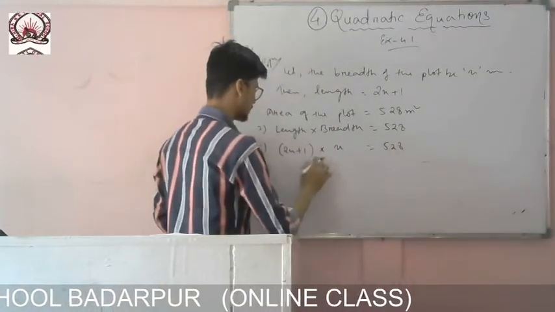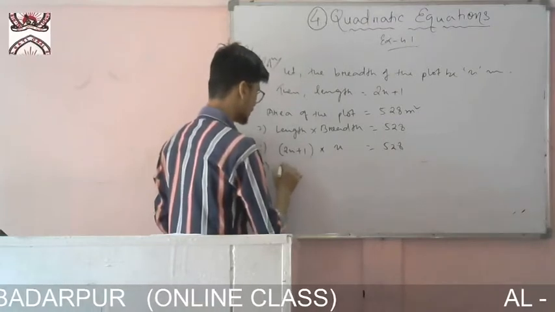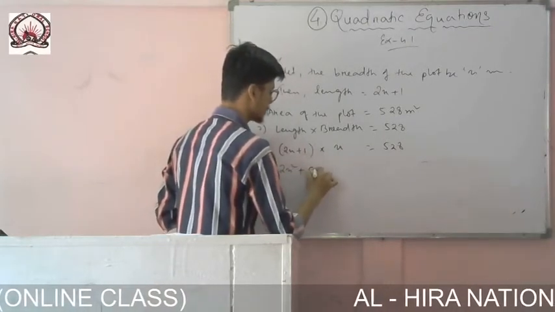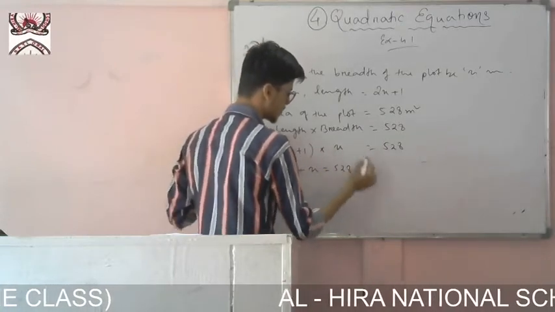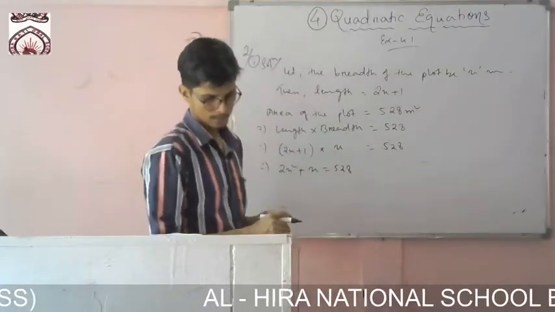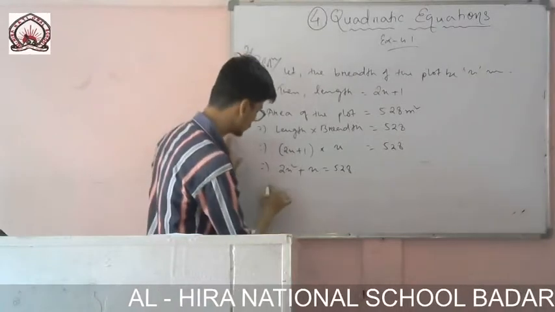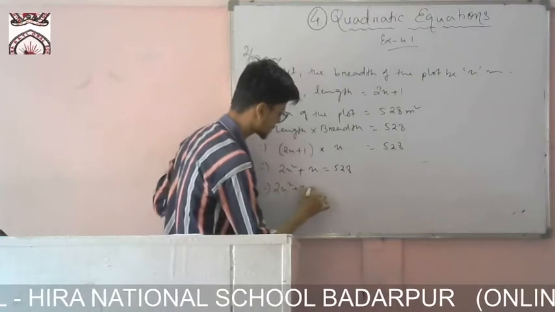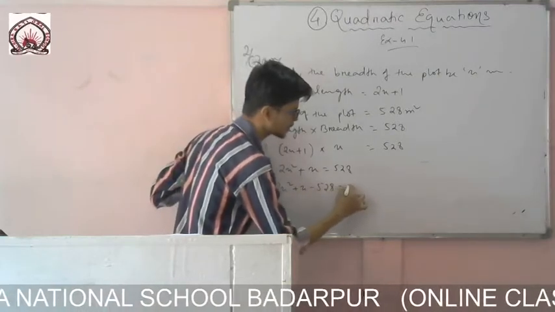If I multiply it, twice x into x is 2x square, plus 1 into x is x, equals 528. So 2x square plus x equals 528. I will write it in the standard form: 2x square plus x minus 528 equals 0.